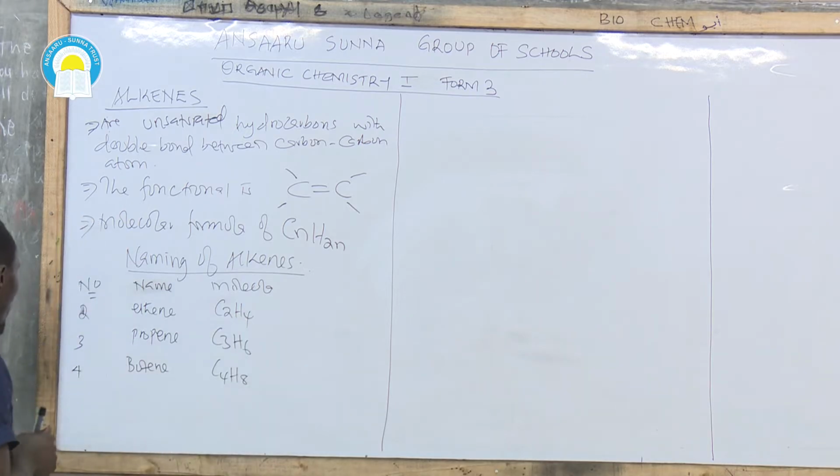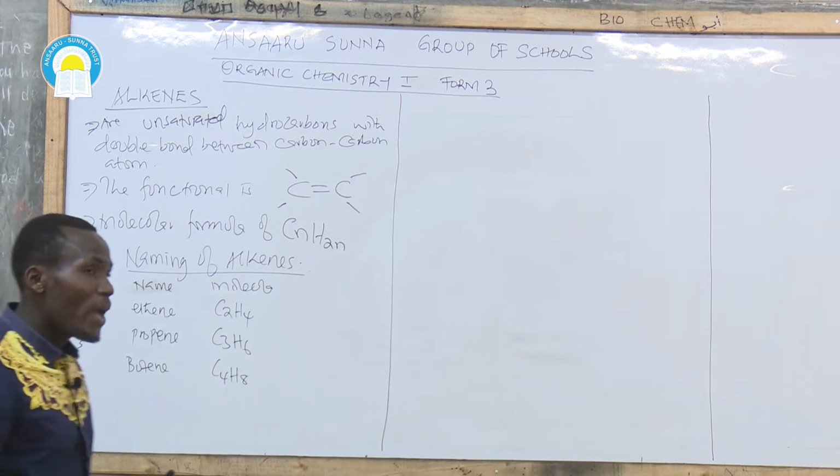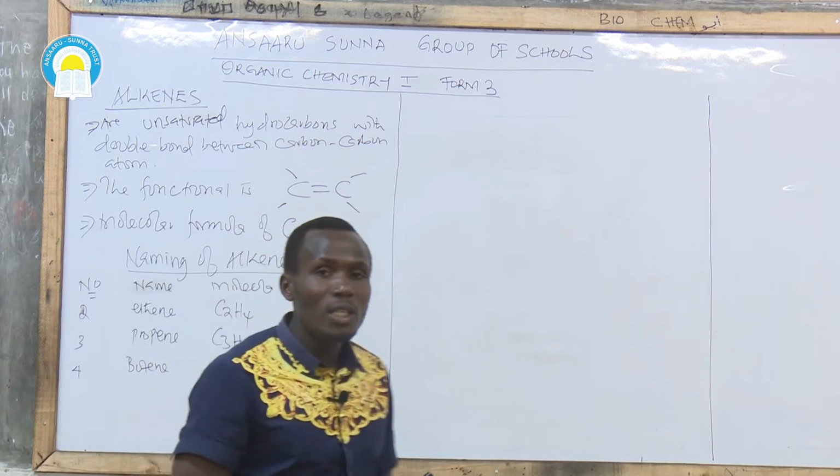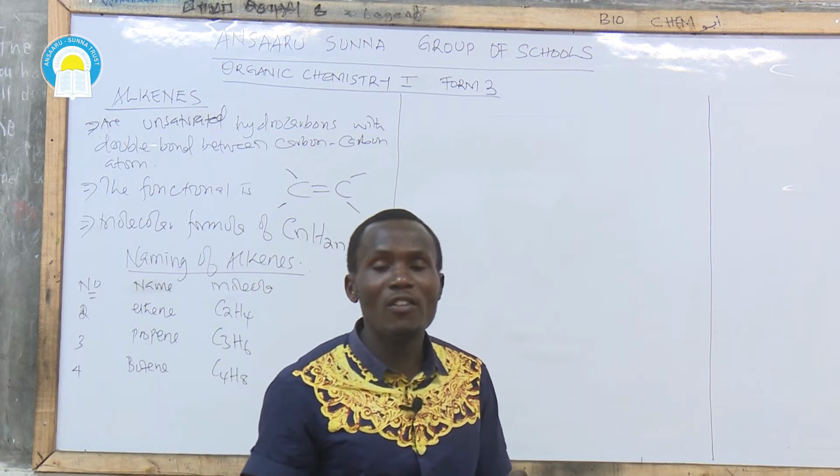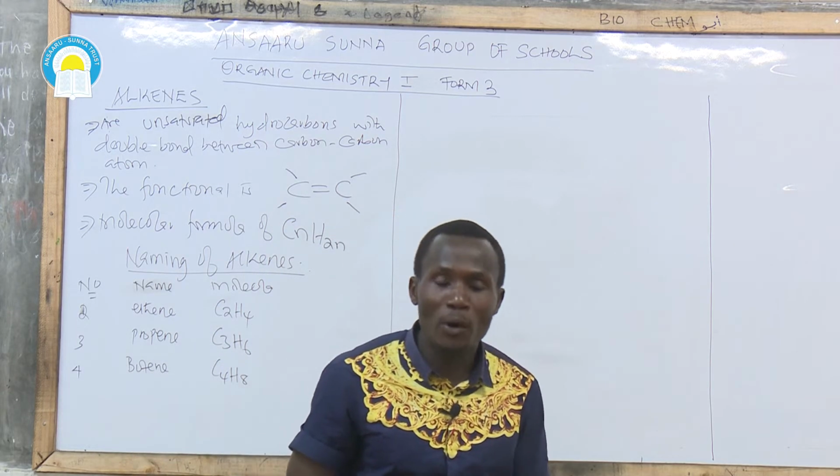But when naming from butene, we are supposed to identify the position of the double bond.